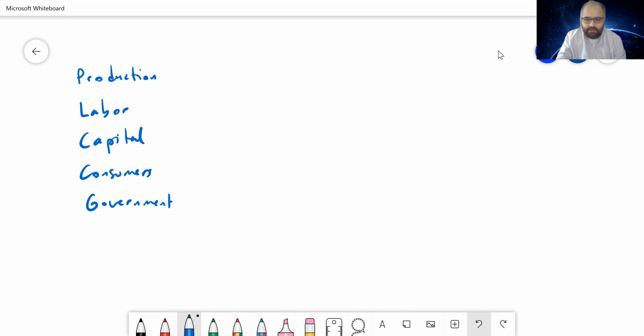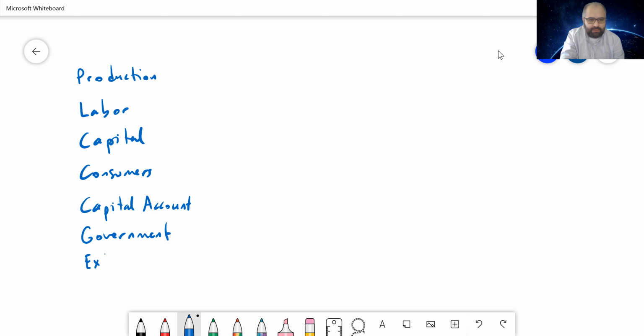Be careful, this economy is open, so we will have a capital account here, then we will have the government, and then we will have the current account, basically trade.